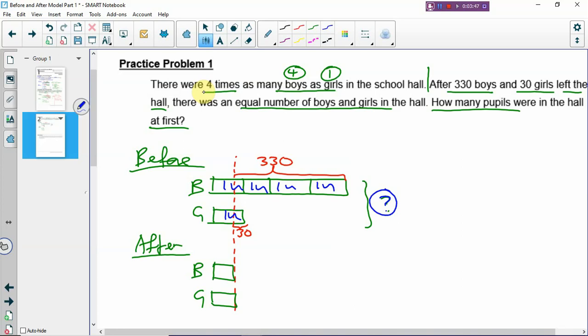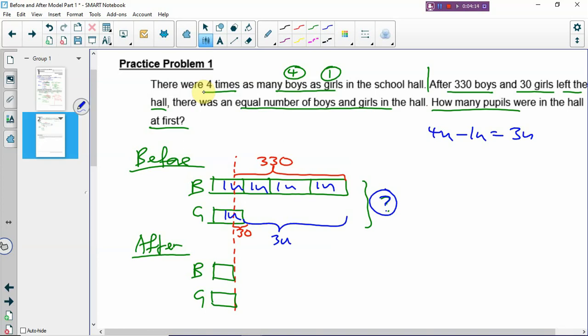So how do I minus? You have to look at the model and find the difference between the units. If you look carefully, you have 4 units of boys minus 1 unit of girls, that will be 3 units. So if you cannot plus everything together, always try to find the difference and see whether you can minus.